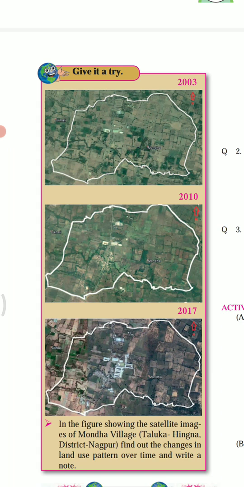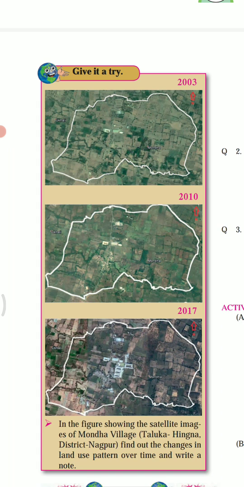Find out the changes of land use pattern over time and write a note. Based on this picture, we can come to the conclusion that urbanization and rise in population are the reasons for the changing land use pattern of Mondha village.